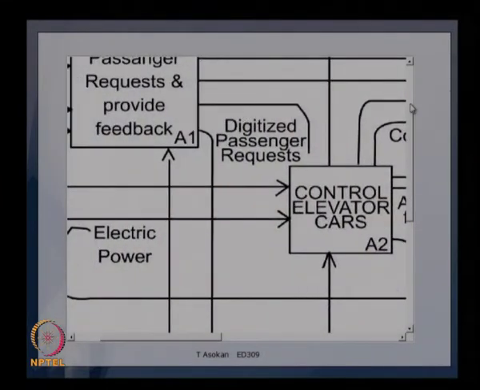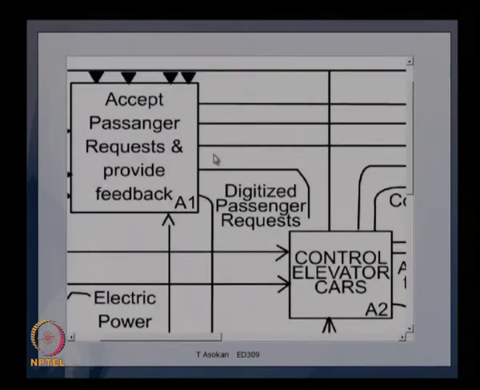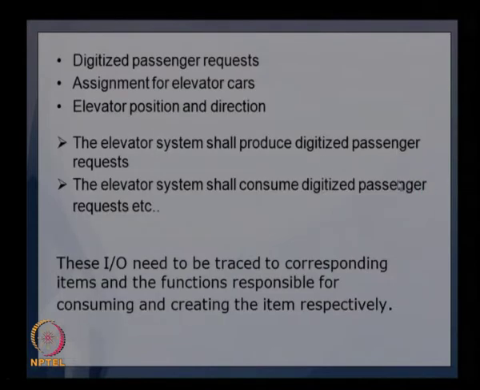For every system, whenever you develop and allocate the architecture for these components, we need to find out which component actually satisfies each input output requirement, or to which component the requirement needs to be traced. One thing is to trace the requirement, and the other is to allocate these input output requirements. Here you can see the requirements identified: digitized passenger request, assignment for elevator cars, and elevator position and direction.